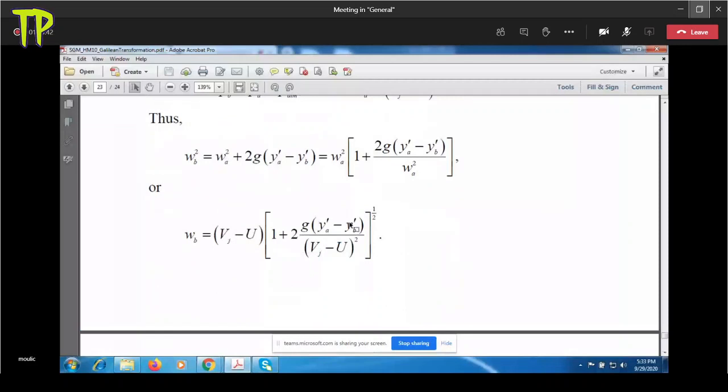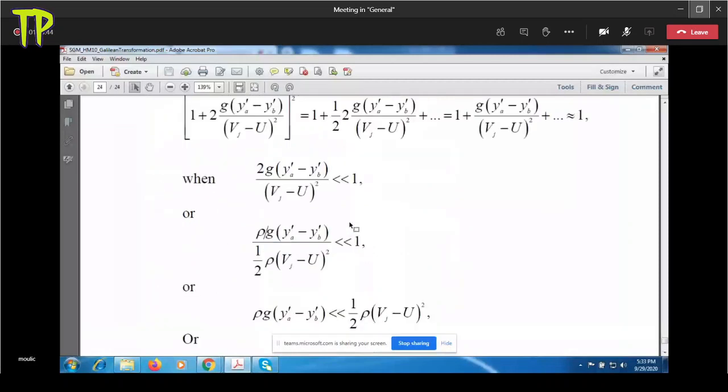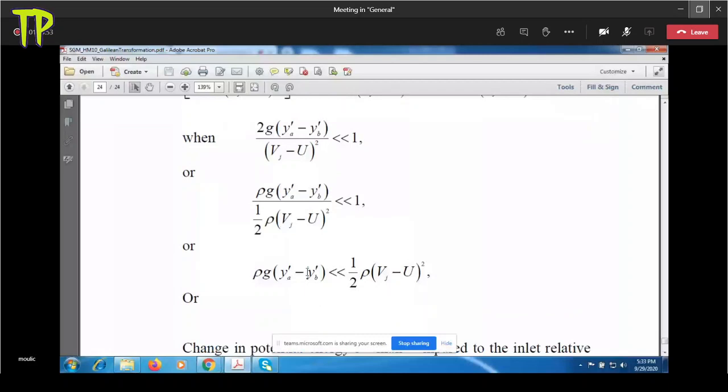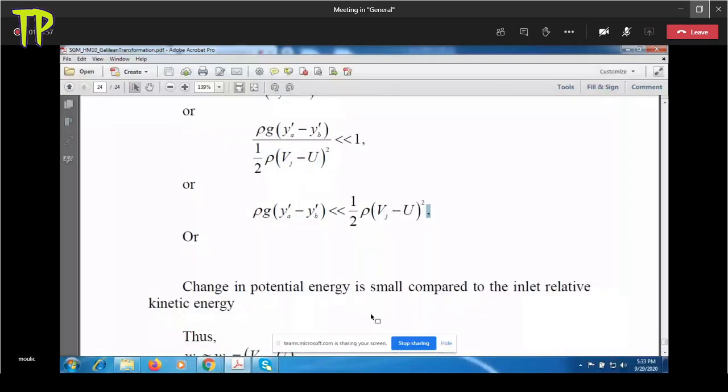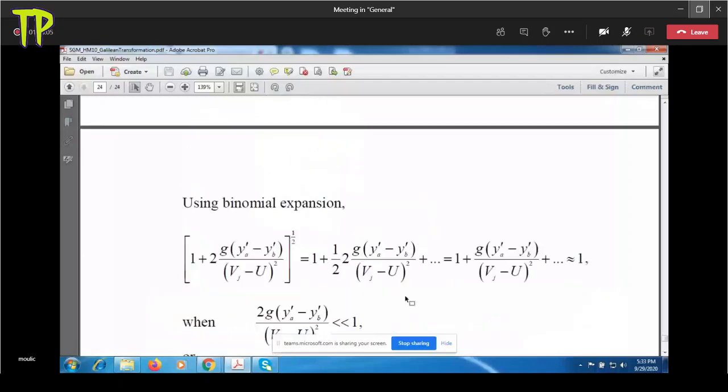And this quantity is the inlet relative kinetic energy. So this quantity much less than 1 means rho g times this quantity is much less than this quantity. So you can say that when the change in the gravitational potential energy is small compared to the inlet relative kinetic energy, then you can make this approximation.